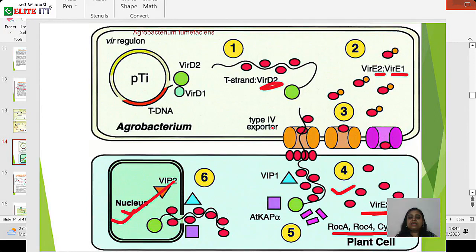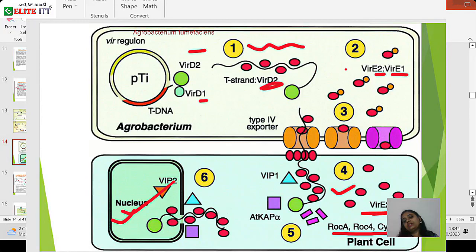So here neat and clean things are given. See, we have D1, D2. Now D2 is attached in order to make a straight line, a thread-line structure. Folding is restricted by this VirD2 holding the DNA.